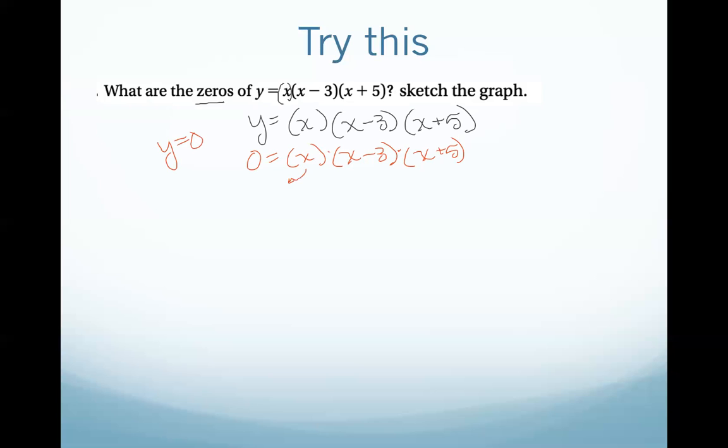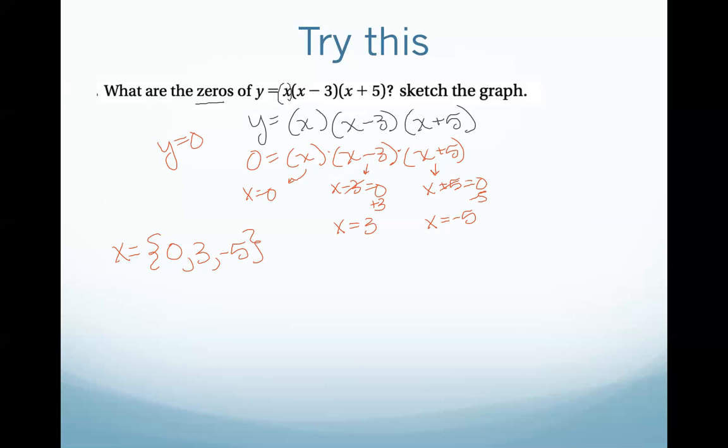So I say x equals 0, x minus 3 equals 0, x plus 5 equals 0. Solving for x, add 3 to both sides. Subtract 5 from both sides. So I get that x equals 0, 3, and negative 5.